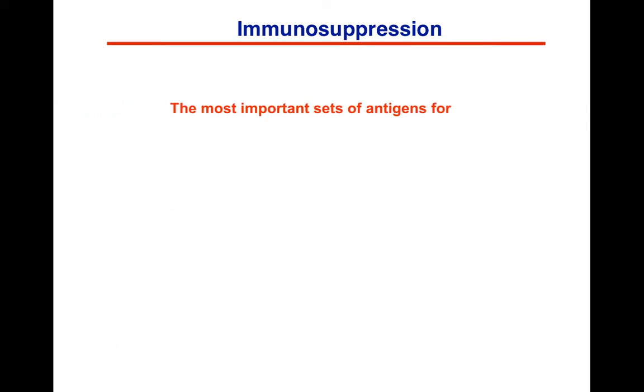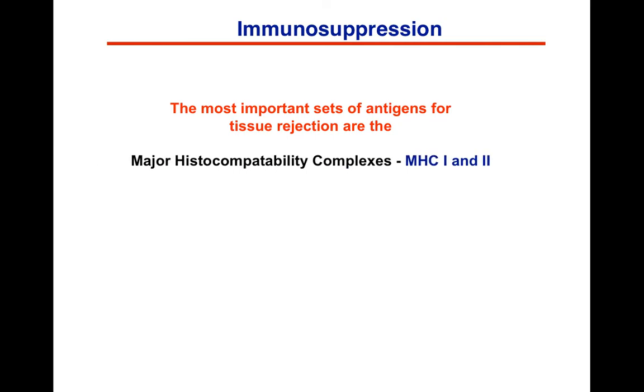Now, the most important sets of antigens for tissue rejection, as it turns out, are the complexes you already know about. Those are the MHC1 and MHC2. That's one of the reasons we spent some time talking about those. They're also known as the human leukocyte antigens, or HLA. So you'll see HLA testing.